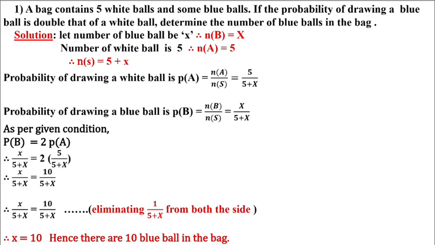Okay. Now children, we will move to question number 2. The faces of a die bear numbers 0, 1, 2, 3, 4, 5. If the die is rolled twice, then find the probability that the product of digits on the upper face is 0.